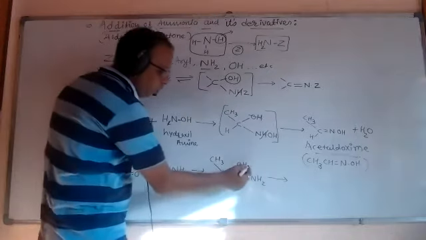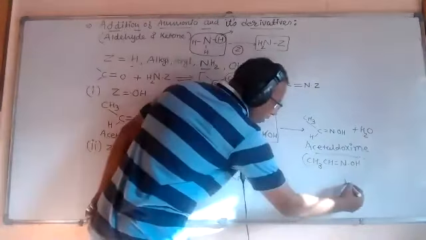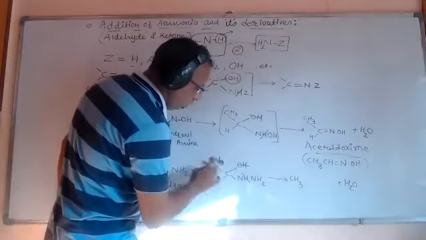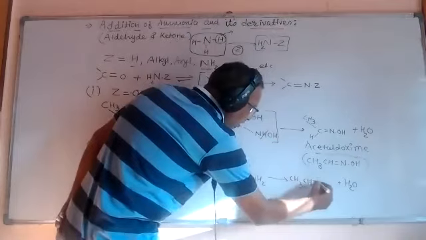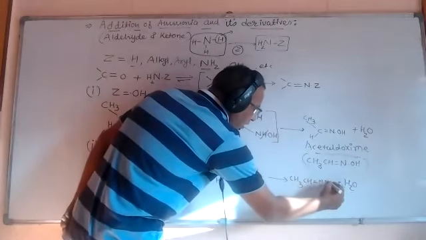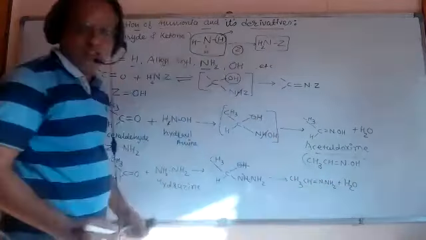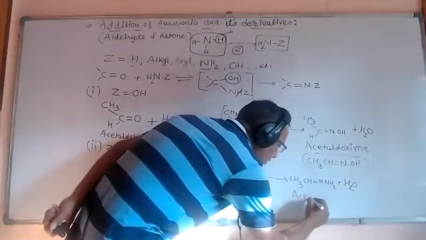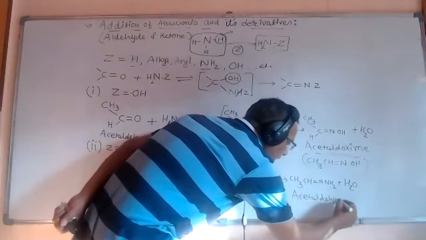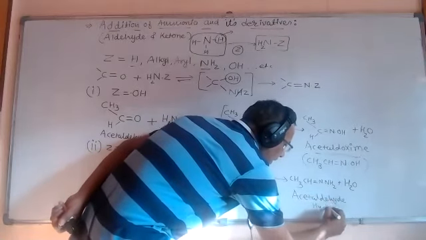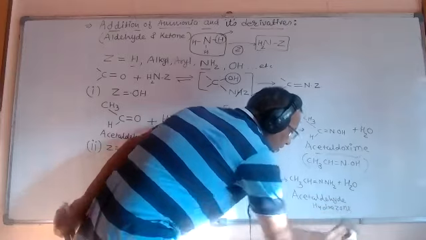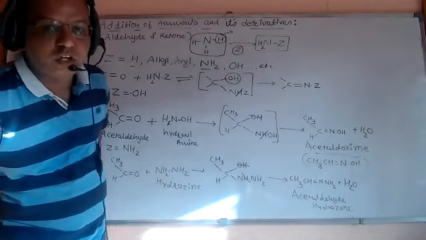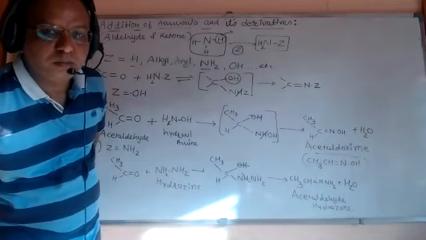In the next step, OH from here and H from here will be removed and we will obtain CH3 CH double bond NH2. This is, friends, hydrazone. So the name is acetaldehyde hydrazone. When two hydrogens are removed, it is hydrazone instead of hydrazine. So this is the product.